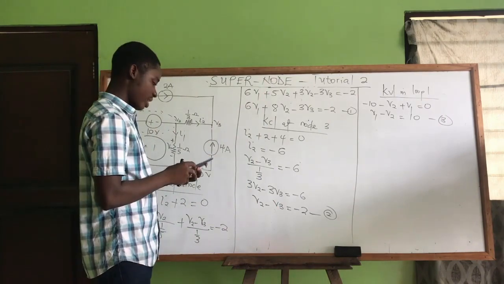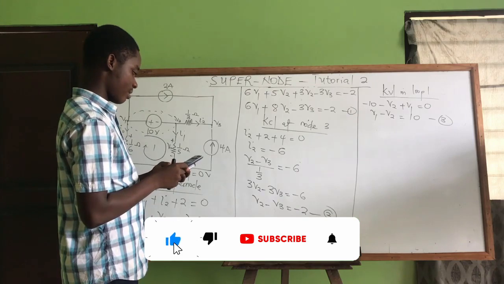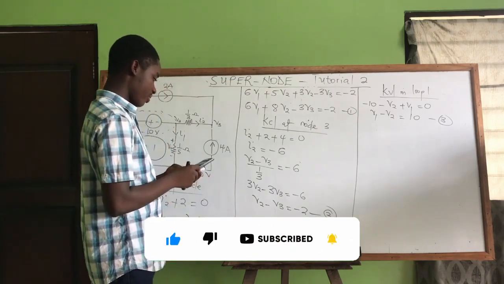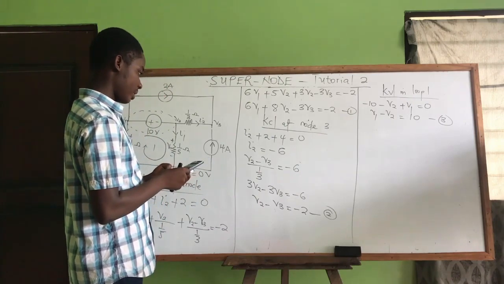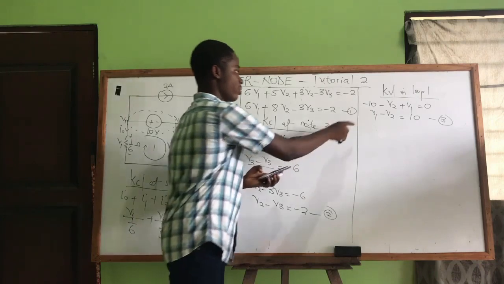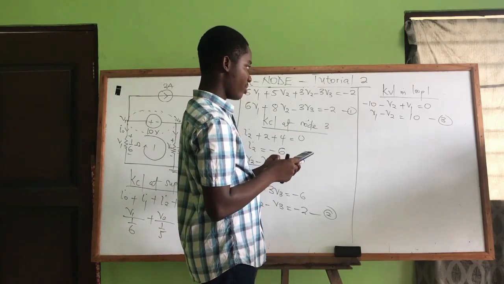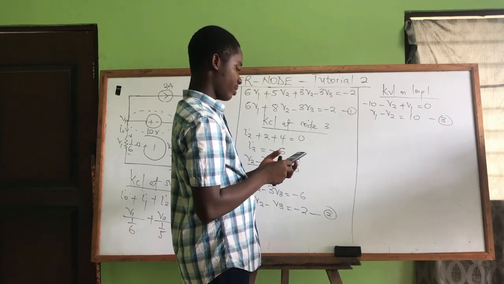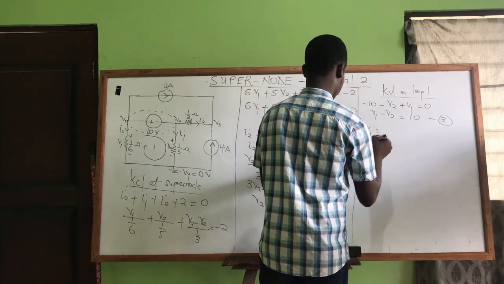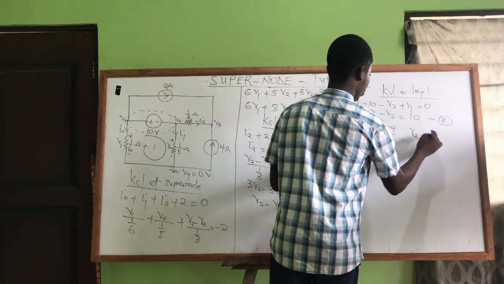Our first equation has coefficients 6, 8, minus 3, and minus 2. Our second equation has V1 as 0, V2 as 1, minus 1, minus 2. In our third equation V1 is 1, minus 1, 0, and 10.